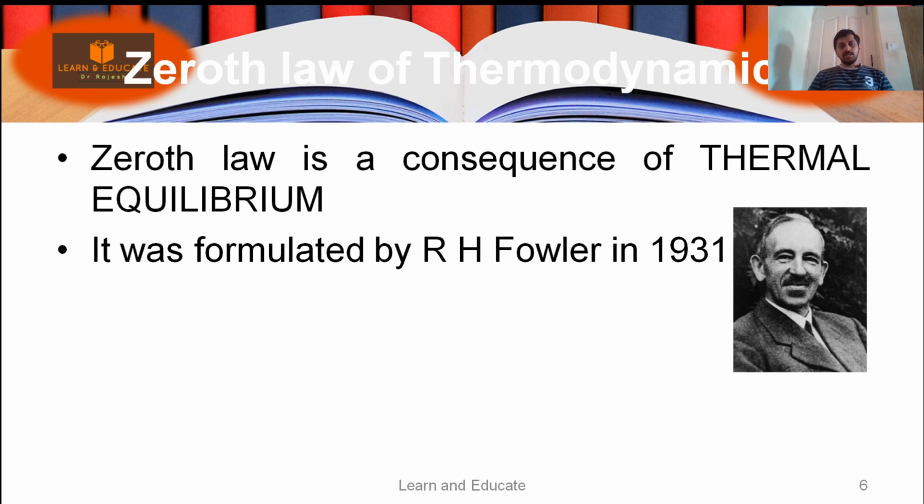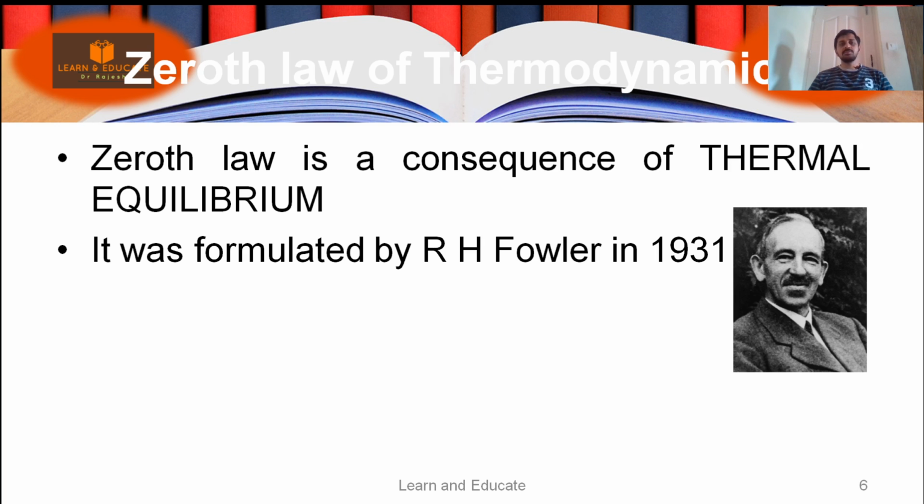So with that example of mercury in glass thermometer, I will explain you the zeroth law of thermodynamics. It is a consequence of thermal equilibrium. You know thermal equilibrium, right? Thermal equilibrium is achieved when the two systems are in contact having same temperature, so that there is no heat transfer between them.